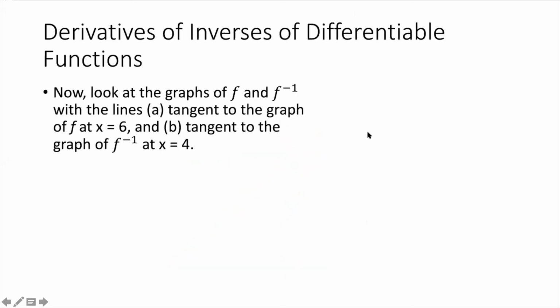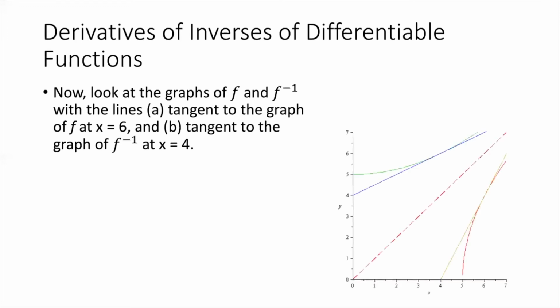All right, so this is a calculus class, and so far we haven't done a stitch of calculus, so let's change that. And let's talk about derivatives of inverses of differentiable functions. So I've added a little something to the picture that you were just looking at. I have added some tangent lines.